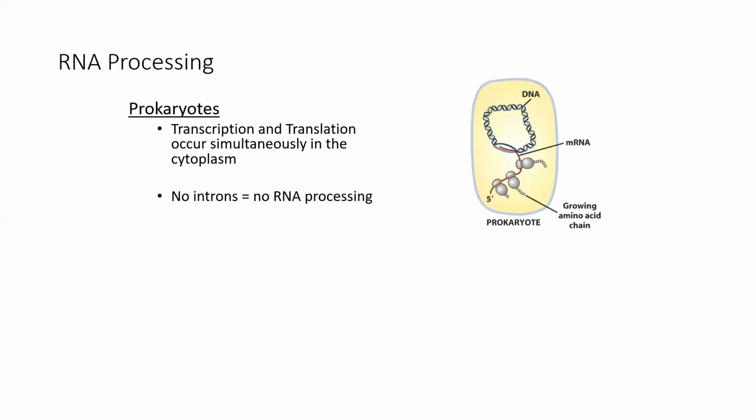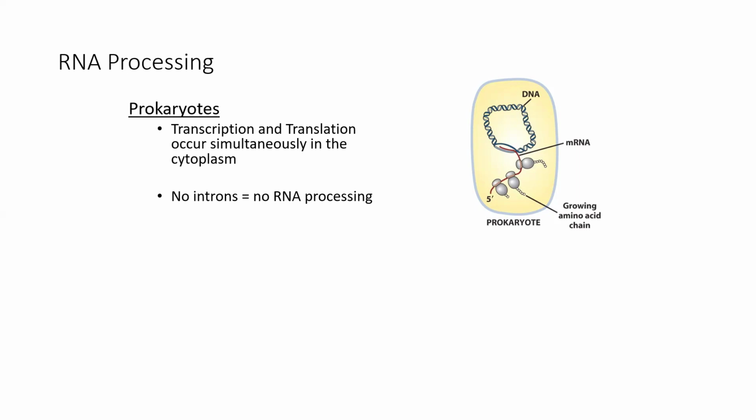This goes through a process called RNA processing. This is basically trying to remove any introns, right? With prokaryotes, we already know that there are no introns, so RNA processing does not get involved in this scenario.